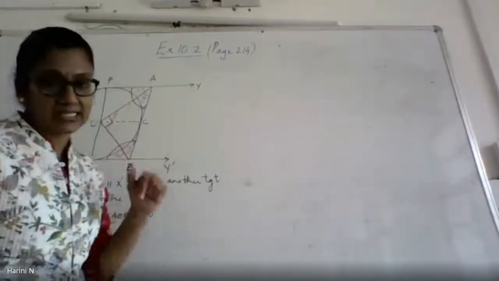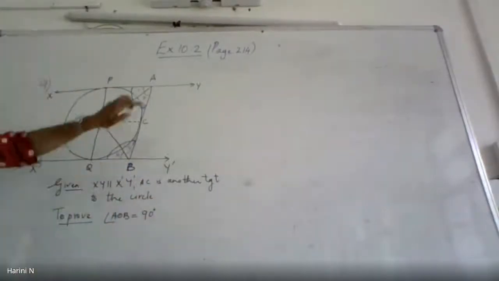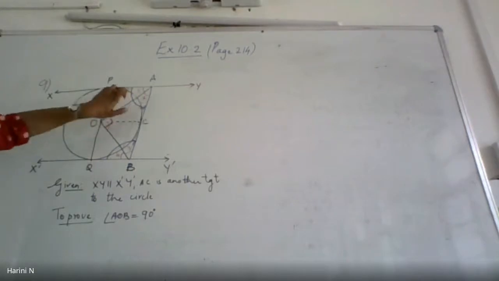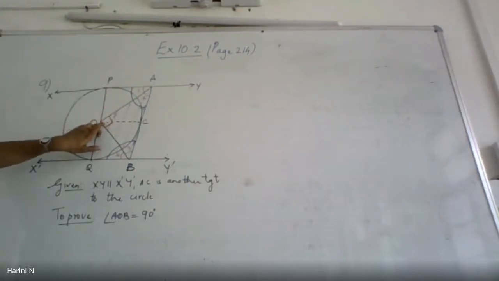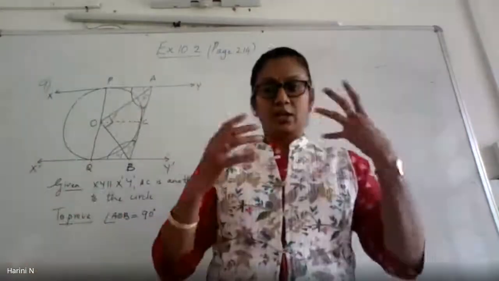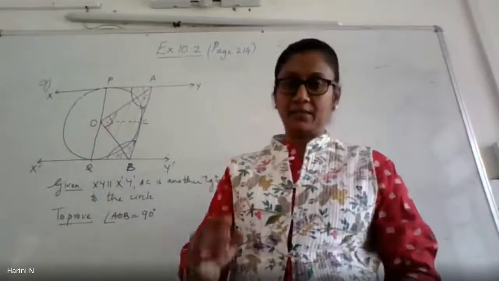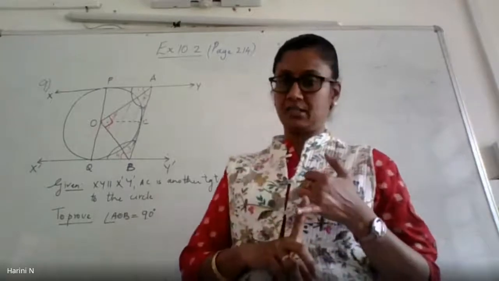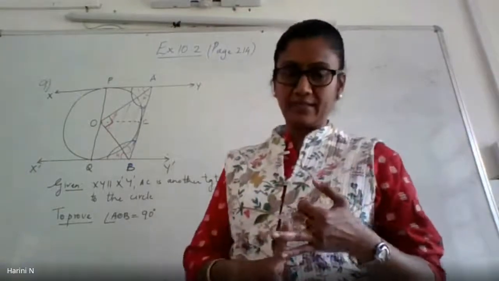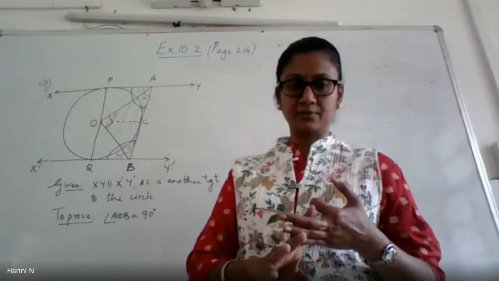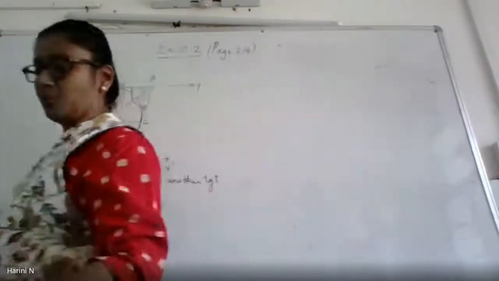Then I use the angle sum property of triangles in the triangle AOB to get angle AOB is equal to 90 degrees. Follow? So the problem looks as though it is a lot of things to be done, but you are only using 3 major properties. One is theorem 3, second one is the parallel line property, and the third one is the angle sum property of triangles.